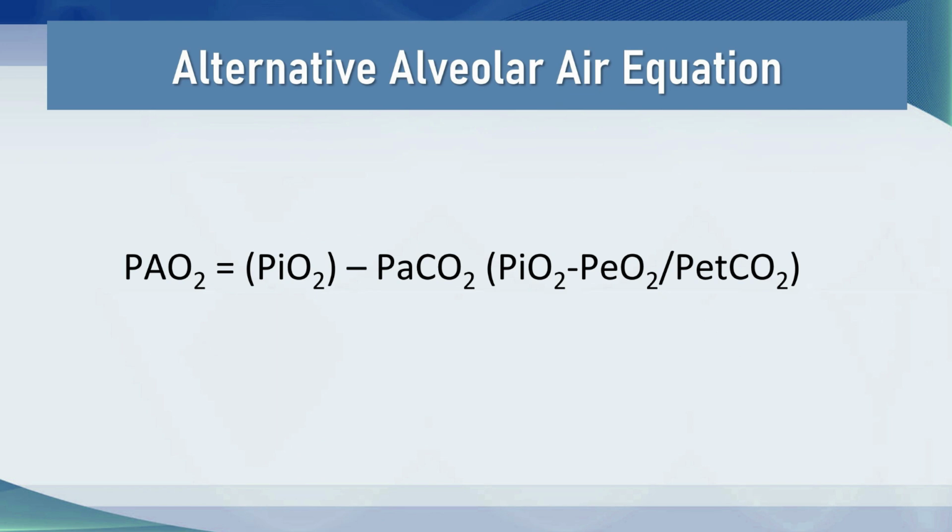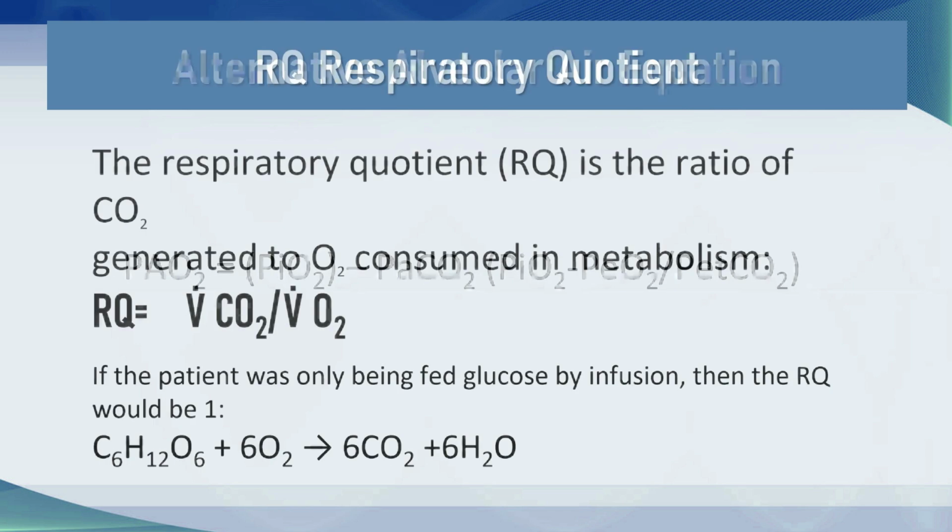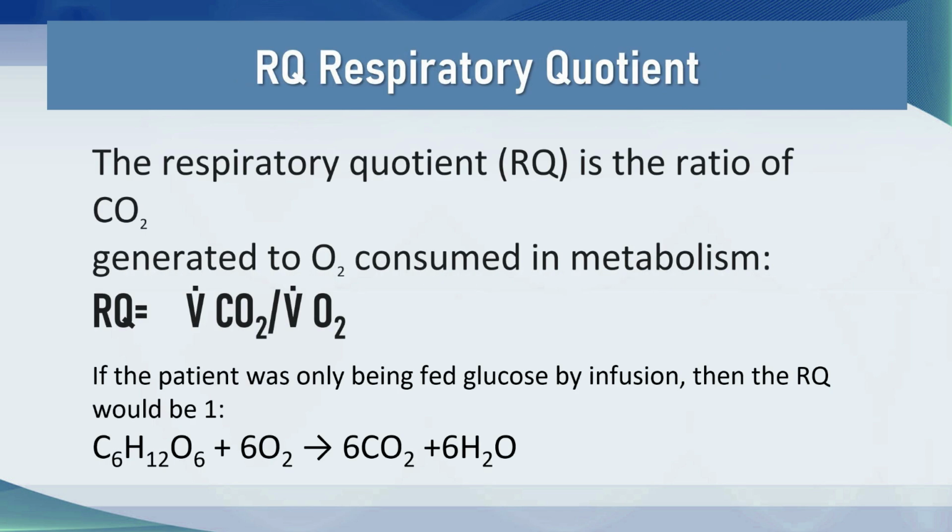So there's a couple of versions of this, and there's a really extended version of the alveolar gas equation, and it can get very complicated, but you're better off just staying with this very basic one that uses the standard respiratory quotient. And I've been using this for years, and it's very helpful. And it used to be the way that we conventionally quantified hypoxemia, looking at the alveolar to arterial gas differential. And we'll talk about that when we talk about hypoxemia.